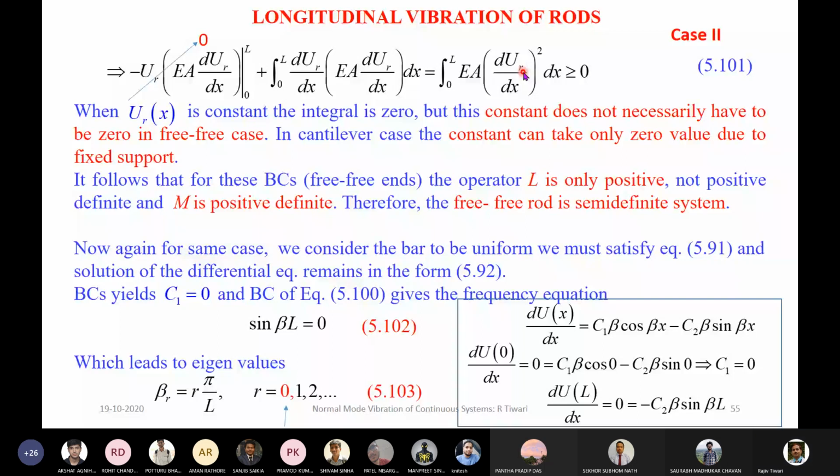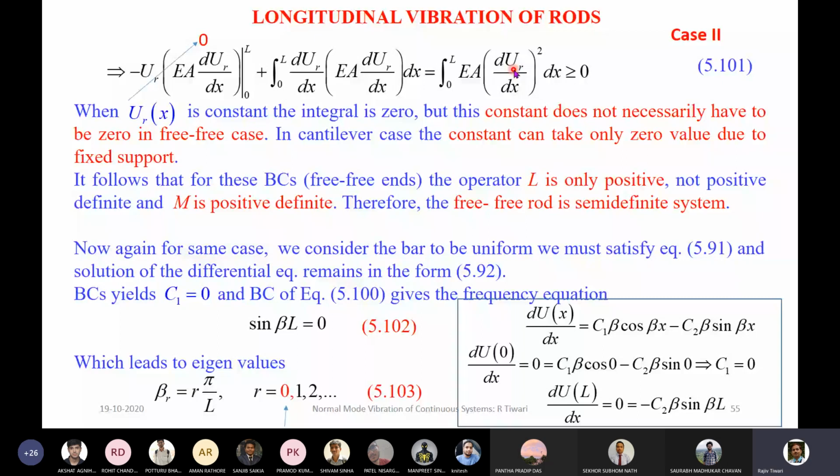That is fine. Okay, so there is no problem. But if U_r is constant, that means there is some displacement which is a constant displacement. Then what will happen? A constant derivative, if we are taking, that also will be zero. So that means what is happening here? This particular quantity is zero when U_r is zero, but it is also zero when U_r is constant, which is possible in the case of the free boundary condition.